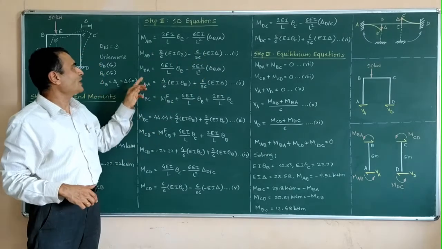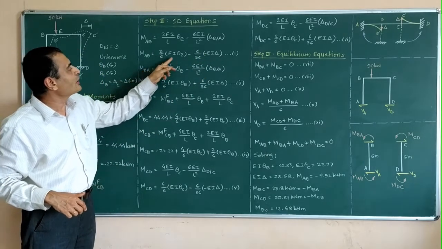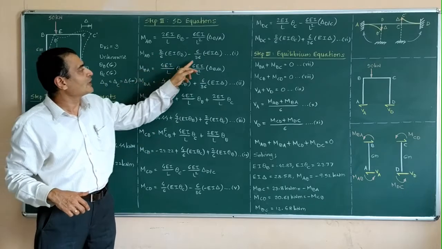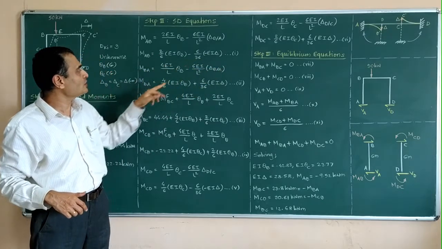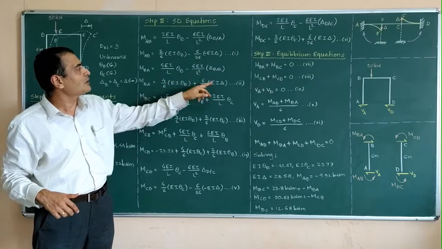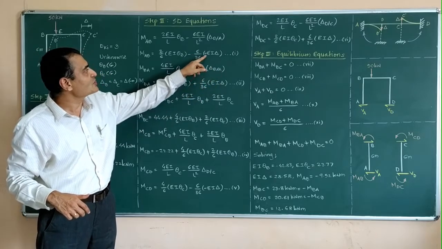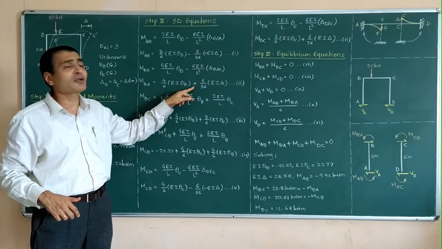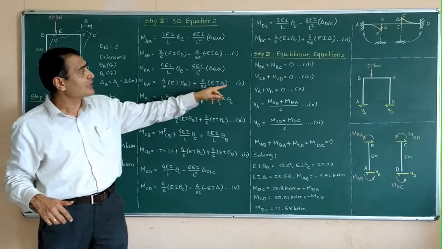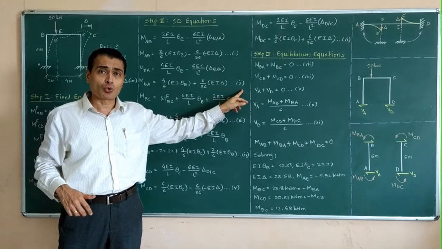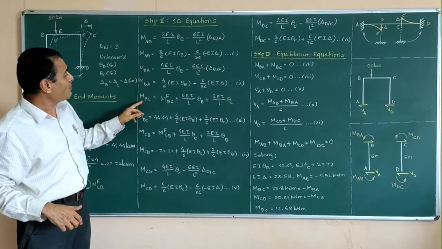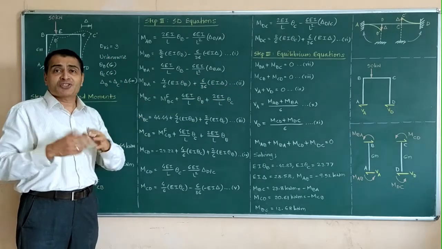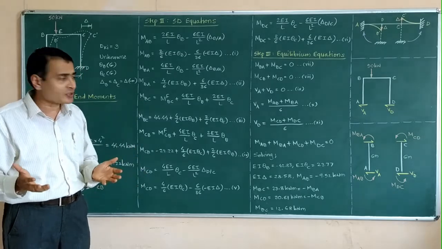Next equation, M of BA: near end rotation contribution, relative translation contribution, substitution. Again, the last term is as it is. This negative is making it positive, 6 by 36 EI delta. That is my equation number 2. M of BC: there is a fixed end moment because there is load on the span.